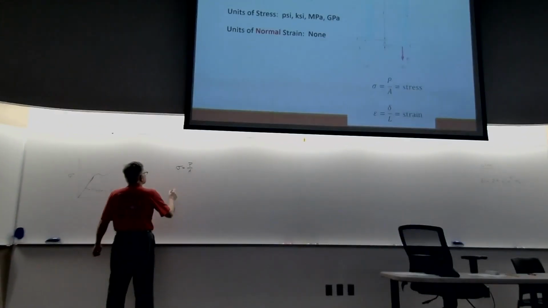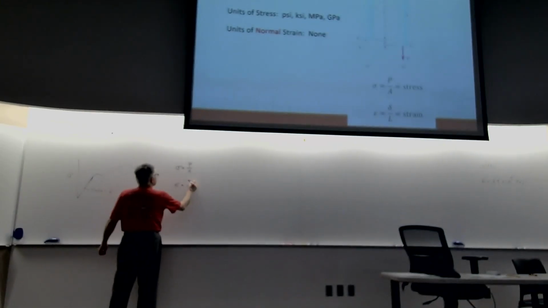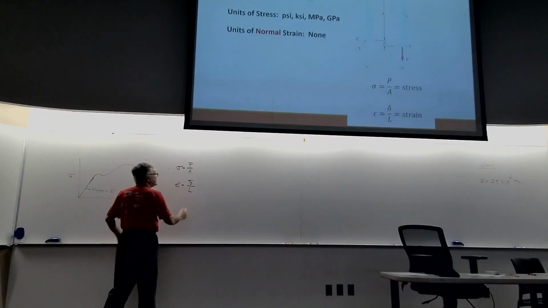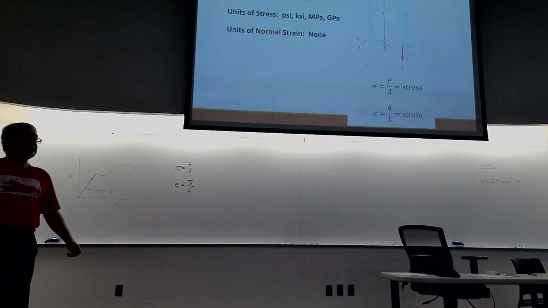So if you do this, sigma is P over A, force divided by cross-sectional area, epsilon is delta divided by L, elongation divided by original length.